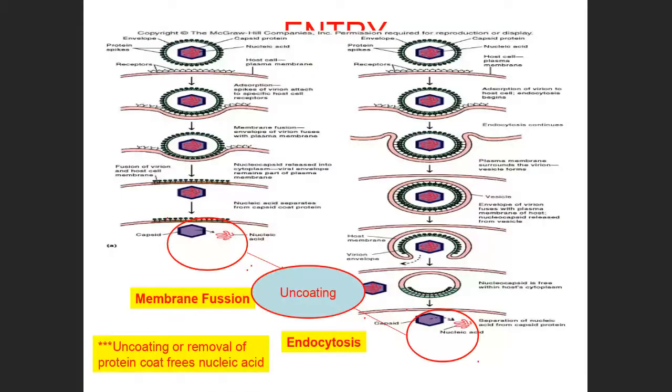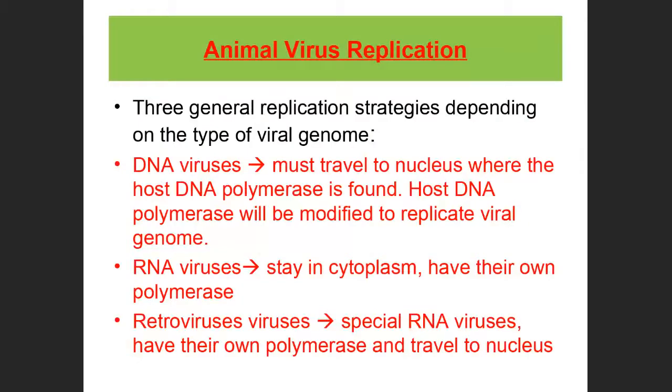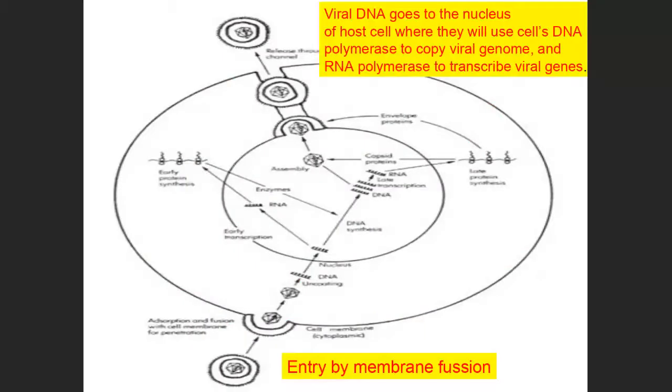Okay, so retroviruses are special RNA viruses. They have their own polymerases and they travel to the nucleus. So a viral DNA virus goes all the way to the nucleus, where the DNA polymerase of the host is going to copy the genome, and the RNA polymerase of the host is going to transcribe.